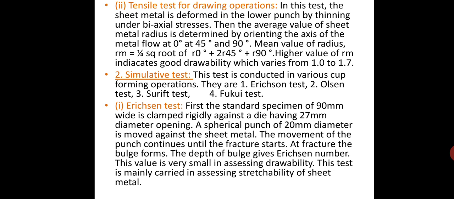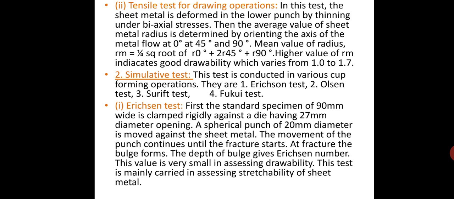The standard specimen of 90 mm wide is clamped rigidly against a die having a 27 mm diameter opening. A spherical punch of 20 mm diameter is moved against the sheet metal. The movement of the punch continues until the fracture starts.